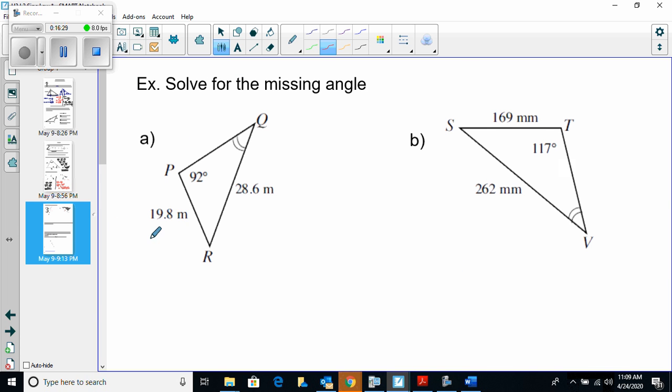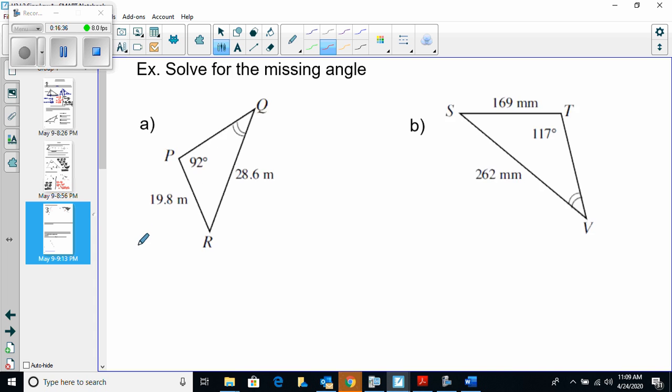Okay, let's take a look at the other one. In these examples, we will find the missing angle.